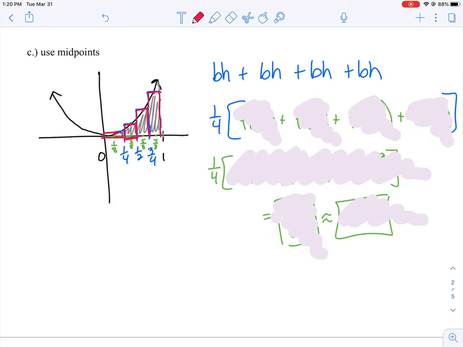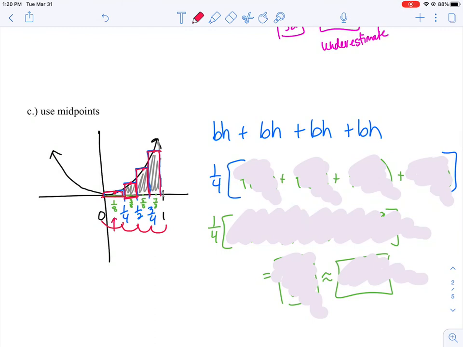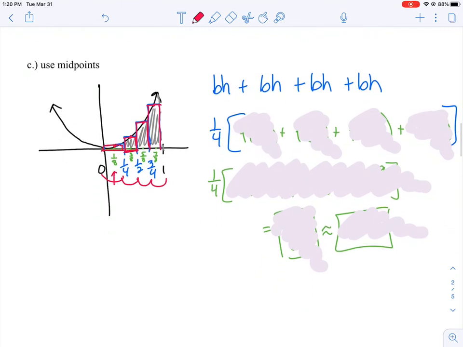You notice that I knew originally that each of these rectangles was going to be 1/4 wide. But if I go to the middle of 1/4, isn't half of 1/4 1/8? So now I'm going up 1/8, 2/8, 3/8, 4/8, 5/8, 6/8, 7/8, 8/8, and that's how I can get the new heights of these rectangles using midpoints.